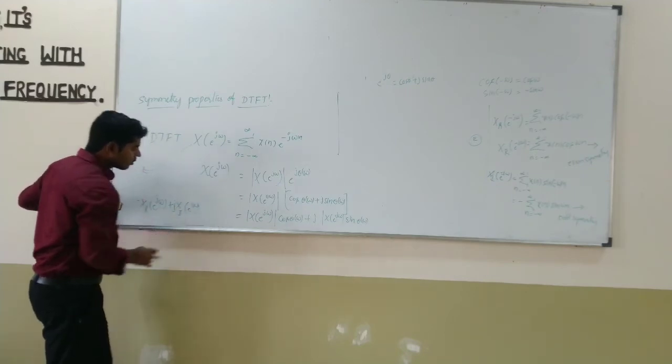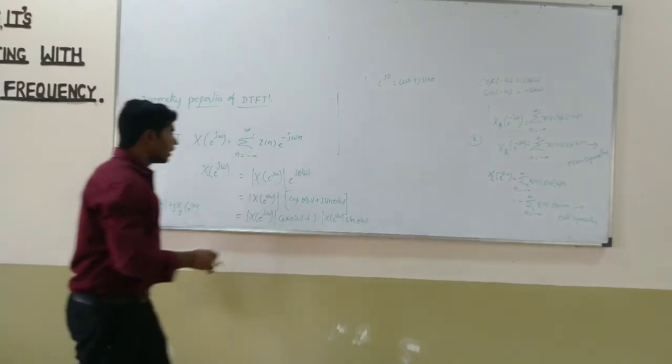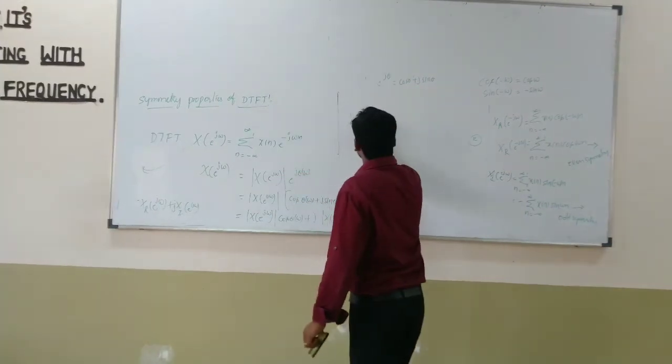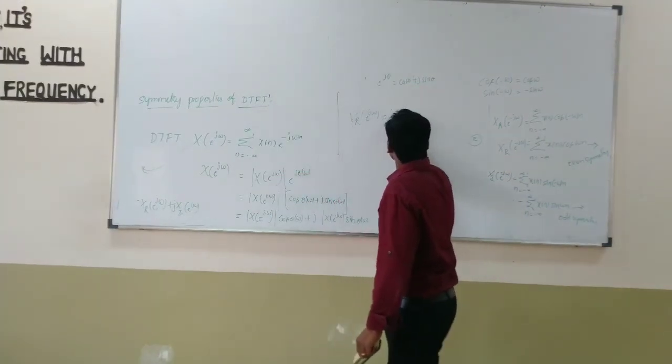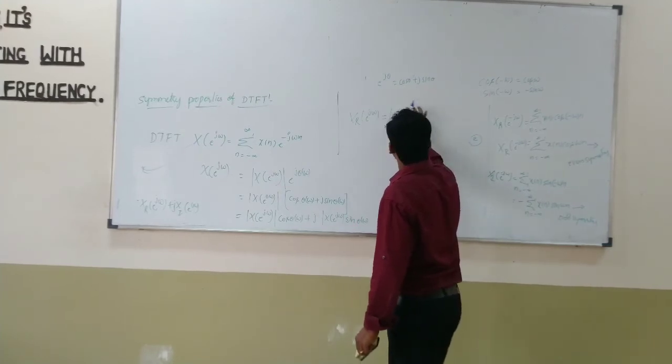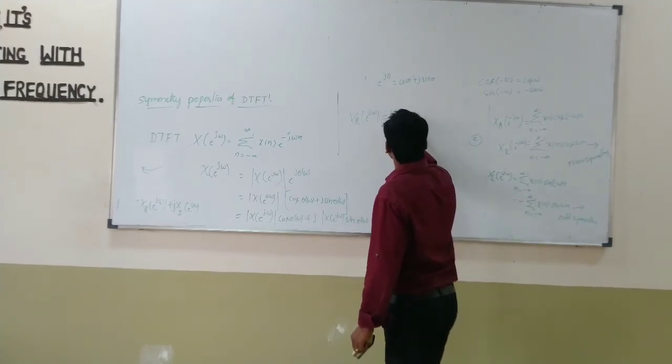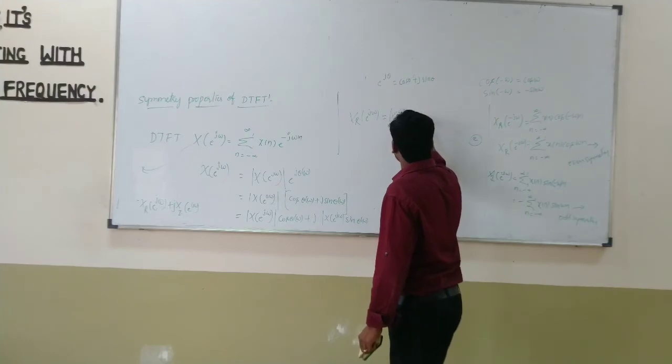By comparing the two sides of these equations, we get the real part X R of e power j omega is equal to modulus of X of e power j omega into cos theta of omega.